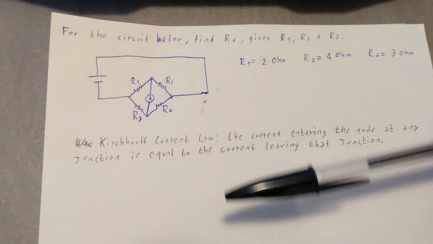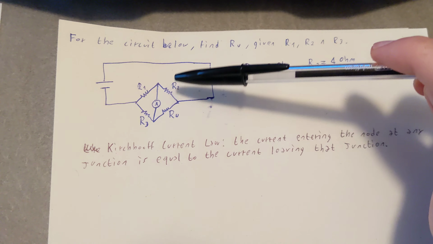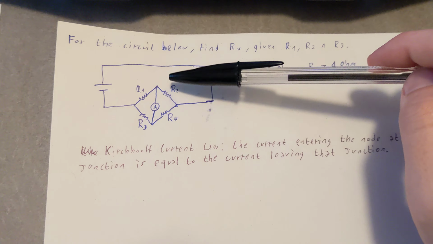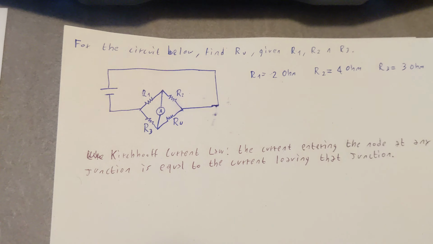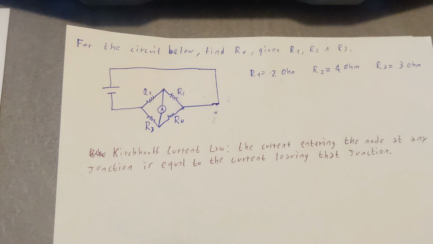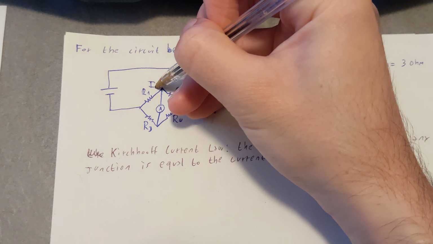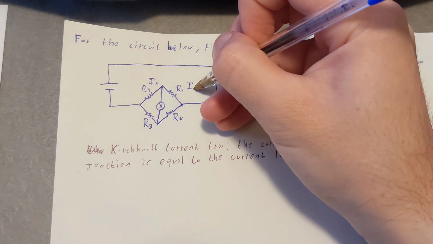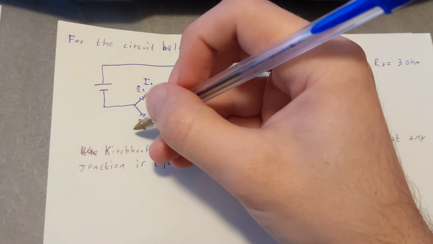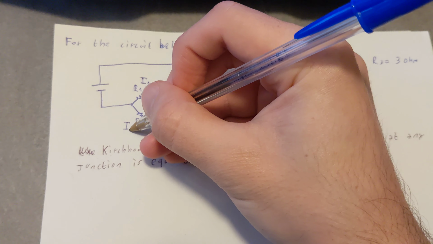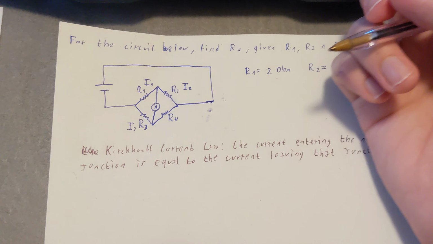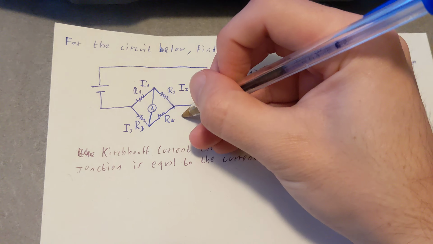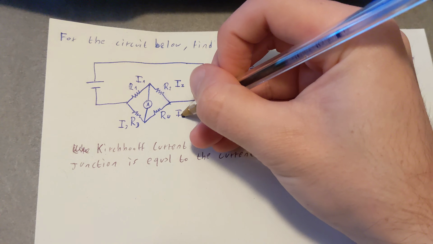What this basically means in this case is that each one of those resistances is going to have a current. R1 is going to have a current called I1. R2 is going to have a current called I2. R3 is going to have a current called I3. And of course, Ru is still going to have a current called IU, so I unknown.